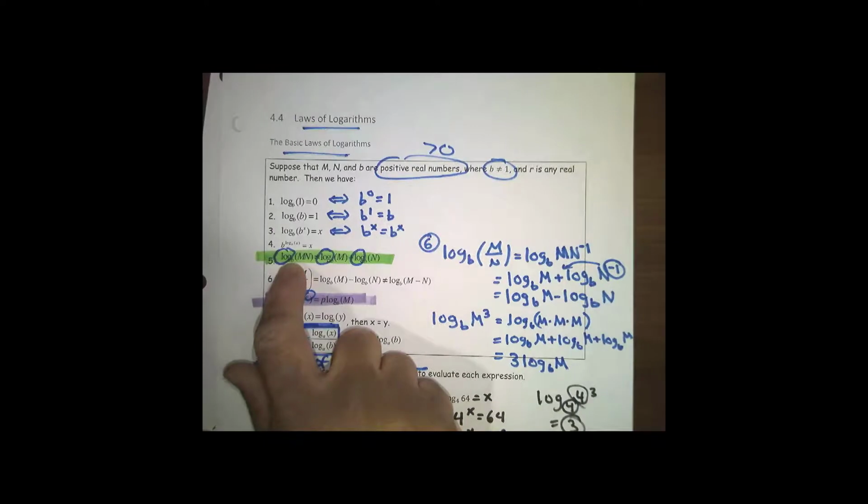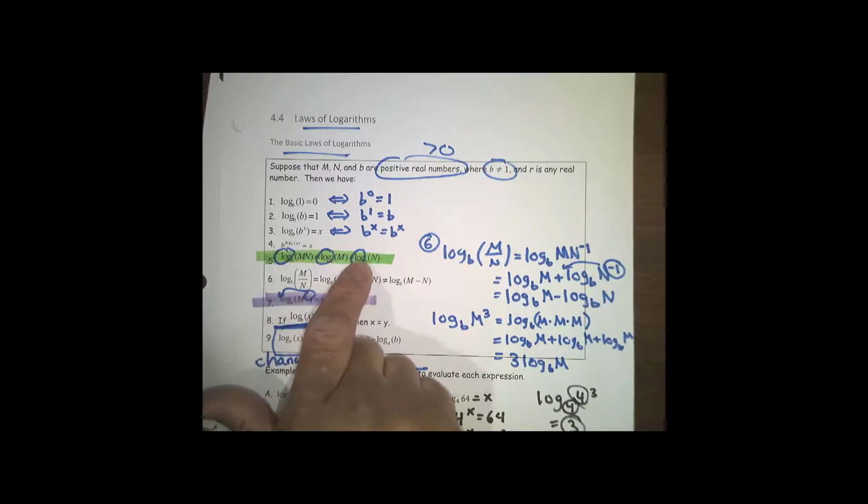So remember, on the rule I'm about to use, rule number 5, both sides have base b, all the same base. Otherwise you could use the change of base formula to write these all having the same base first, but I think that's a little bit outrageous, and I wouldn't do that if I didn't necessarily have to.